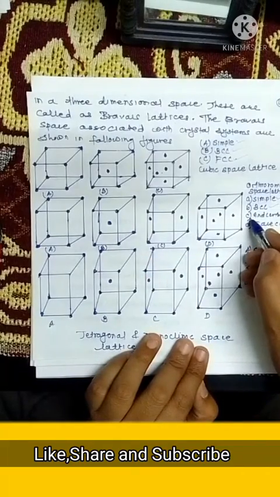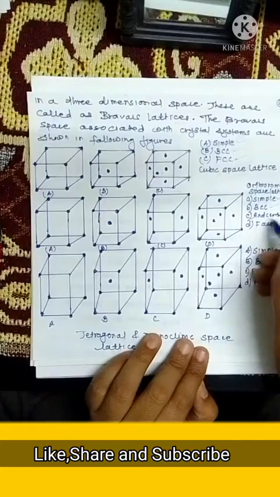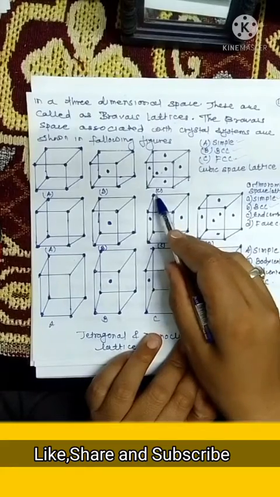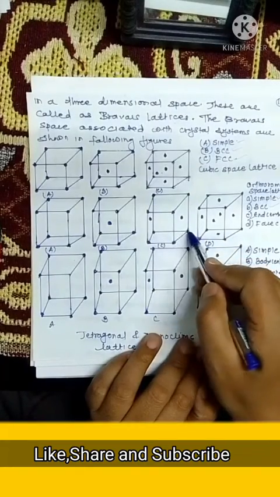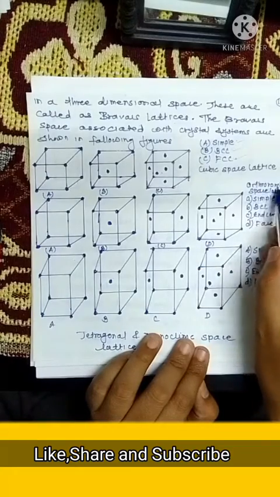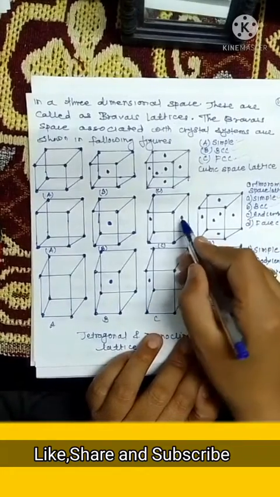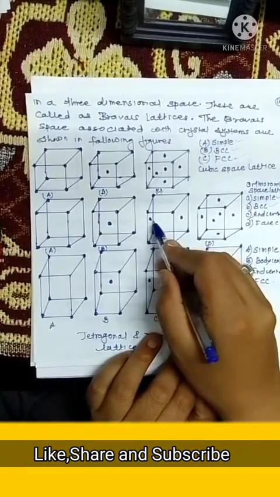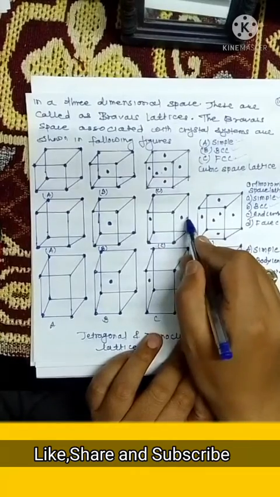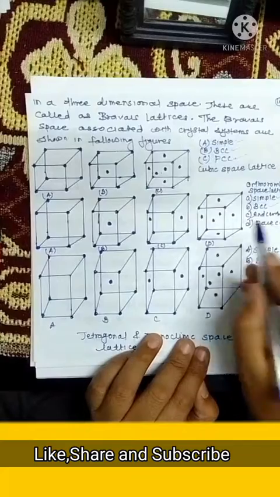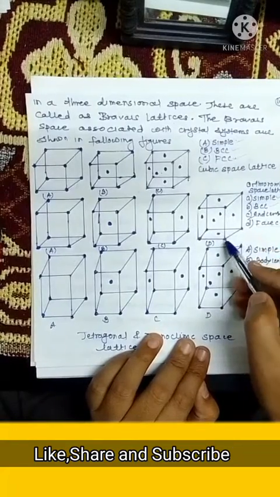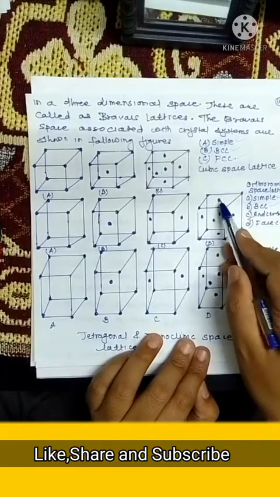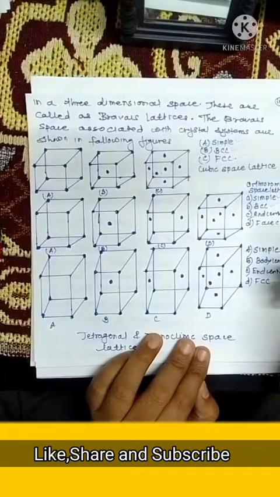In end centered, it is important, in end centered orthorhombic space lattice, there are total 8 particles present at the corners of your orthorhombic space lattice. Besides that, there are 2 particles present on opposite faces, left and right. In FCC, 8 particles are present on 8 corners, and on each face there is presence of 1 particle.